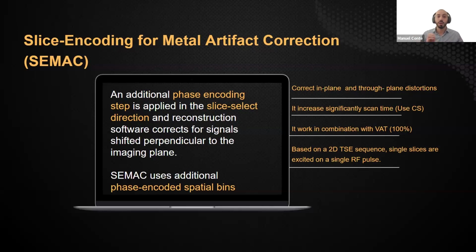And doing that, we correct the in-plane distortions. But during this acquisition, we don't acquire just a slice, we cover a volume. And by covering this volume, thanks to the reconstruction of the software, we can reduce the through-plane distortions.